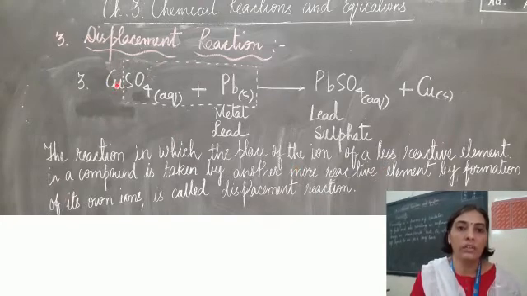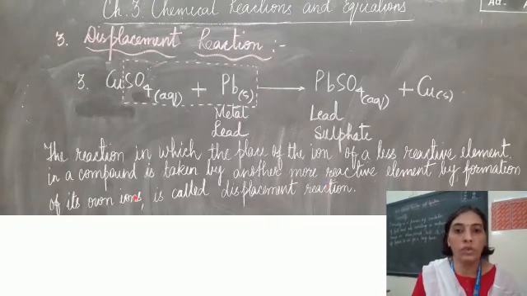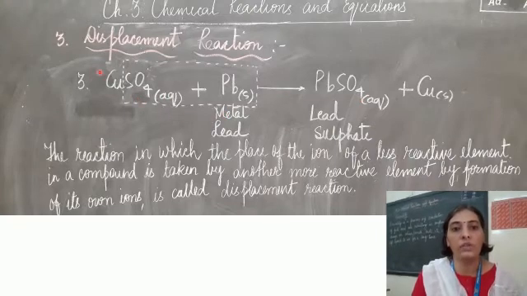The copper element is less reactive. So who is taking its position? It is taken by another more reactive element. The other more reactive element here is lead, by formation of its own ions. So lead forms its ions, enters the aqueous solution, forms lead sulfate and displaces copper, and that is called a displacement reaction.